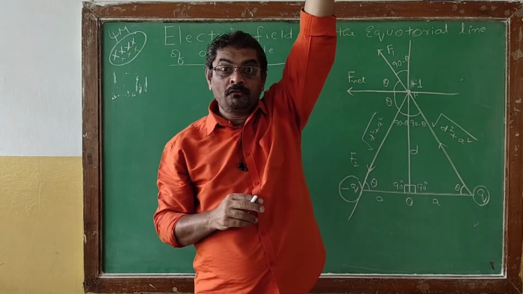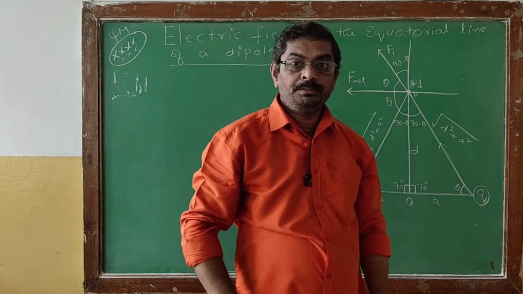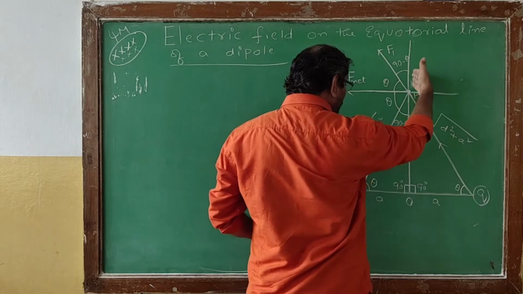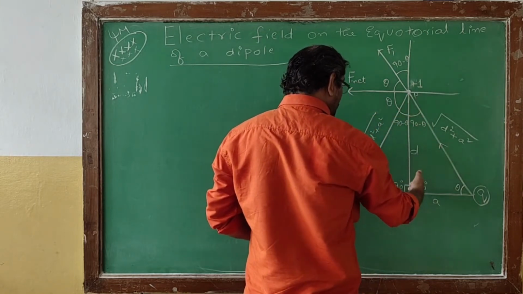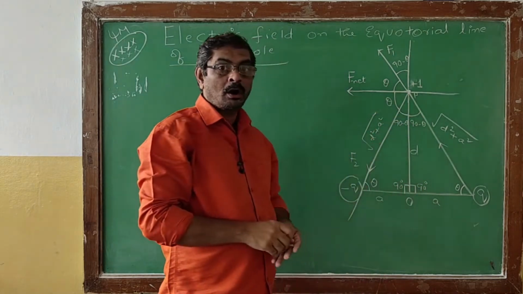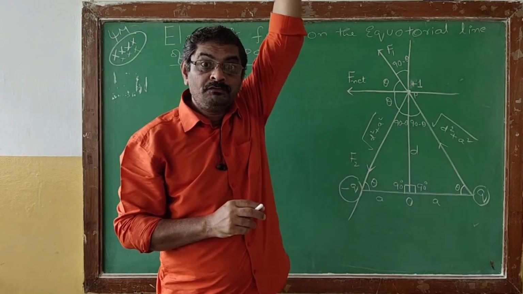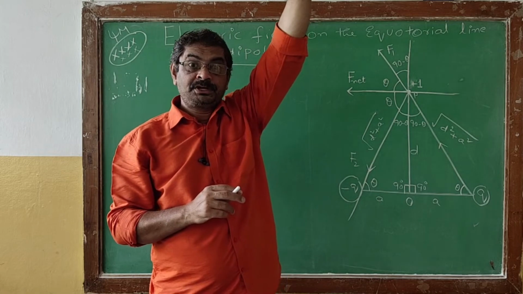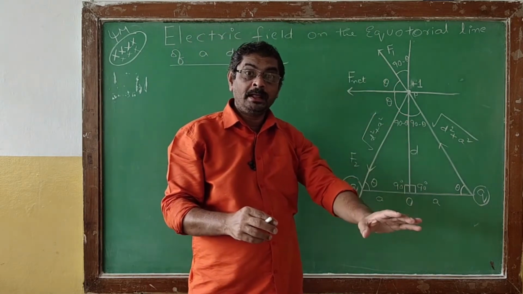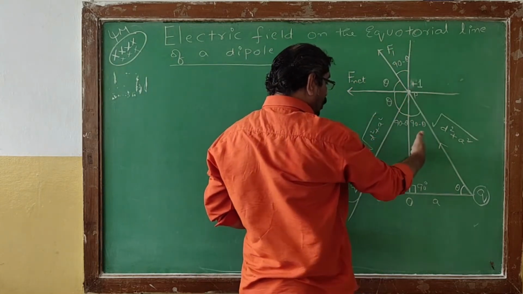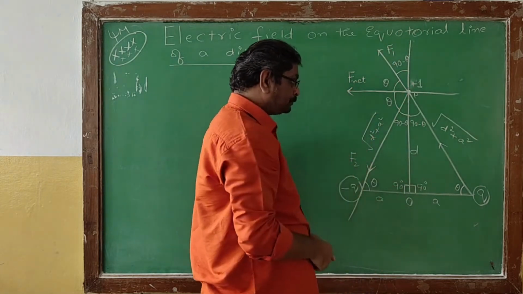We are trying to find the electric field on the equatorial line of that dipole, or rather, the expression for the electric field on the equatorial line of the electric dipole.